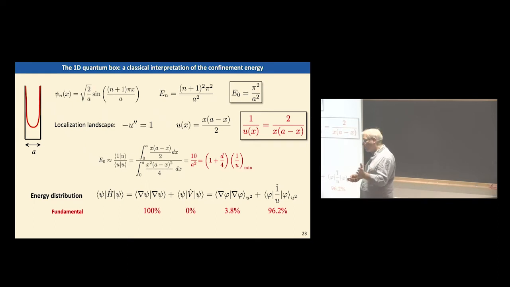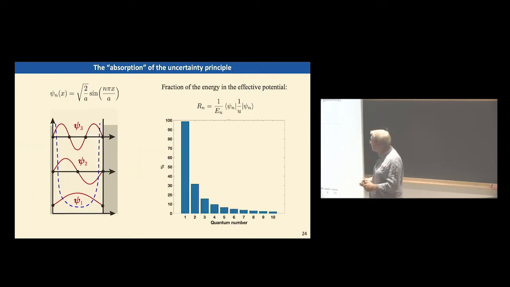So you have transformed all the energy of the fundamental eigenfunctions from kinetic to potential. You have made out of all the fundamentals of your system classical objects. And even for the higher energy eigenfunctions, a part of their energy has been transferred by this game into potential energy.